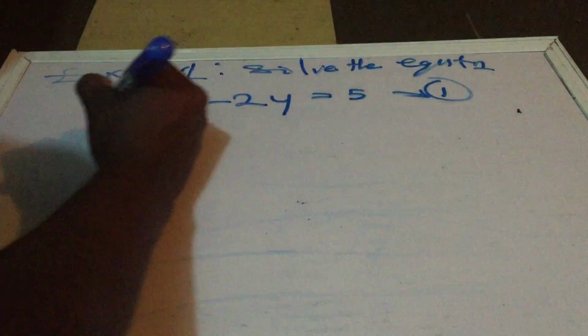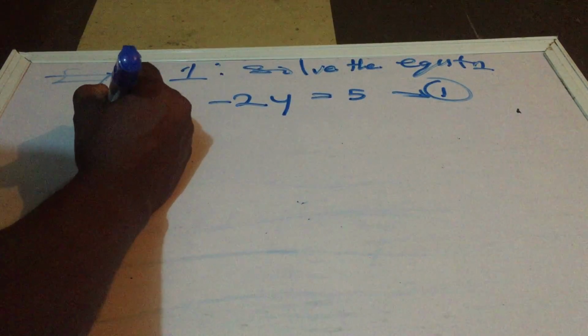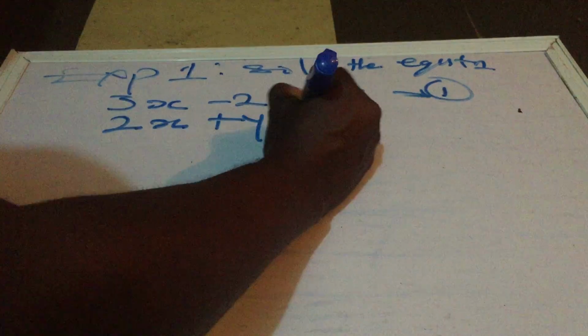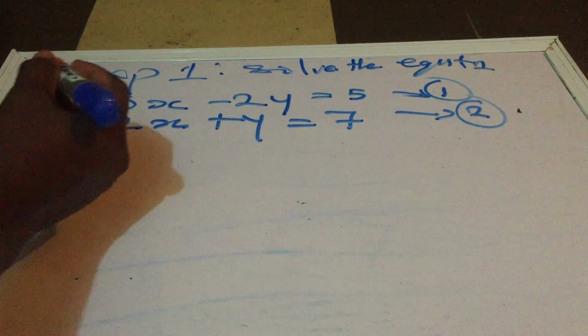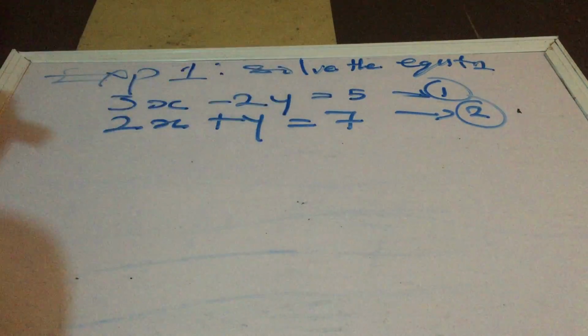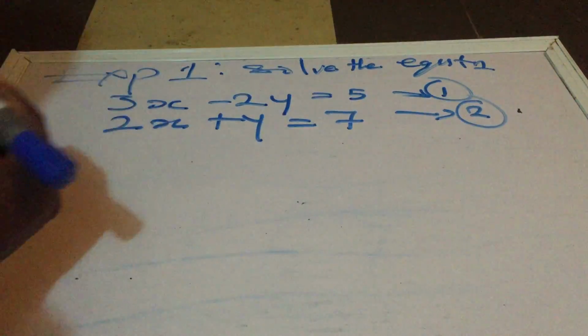That's equation 1. Then equation 2 is 2x plus y is equal to 7. That's equation 2. Then I want to teach us how to use the substitution method to solve it.